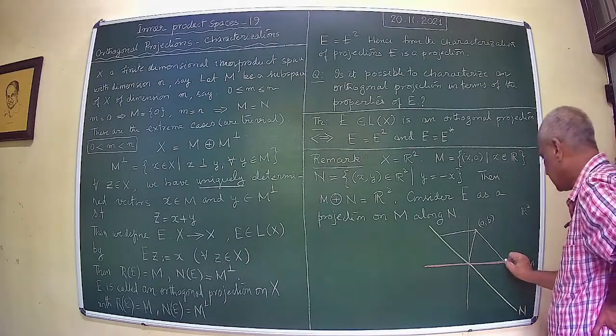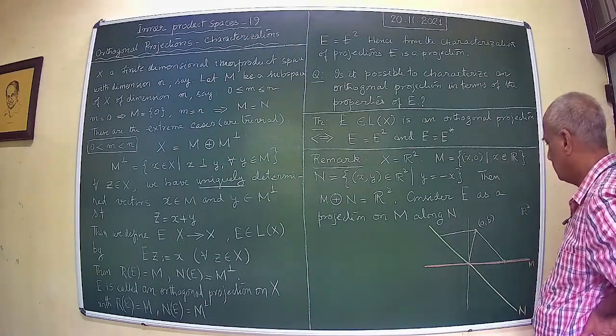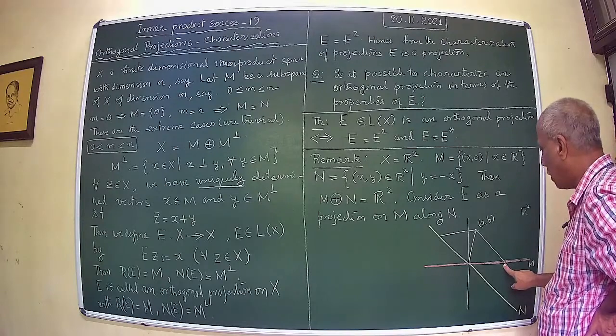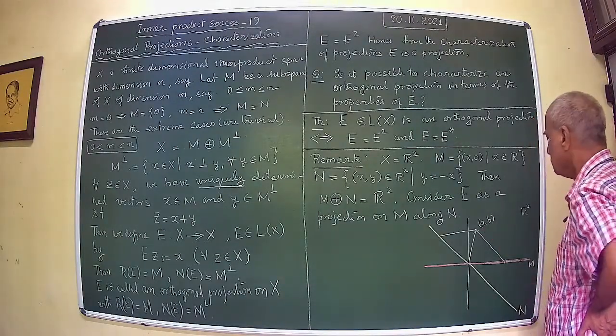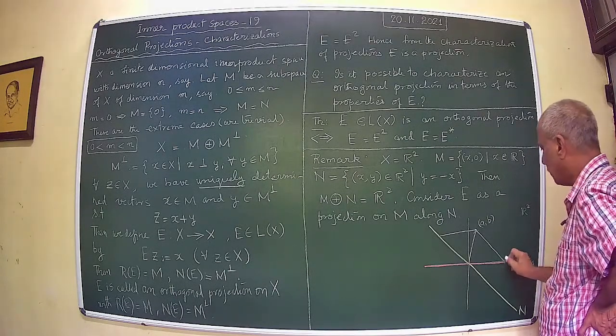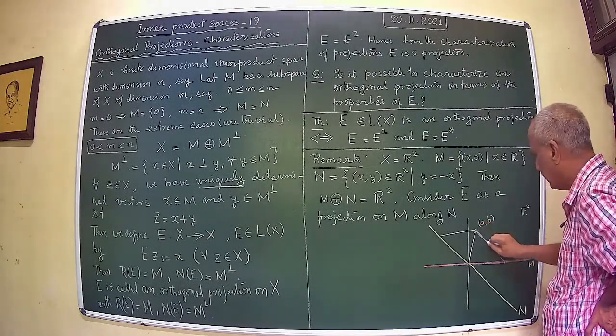Therefore, you see that the projection, what are the coordinates of this point? So (a, b) you take as an arbitrary point. Then the coordinates of this point you can easily find out.